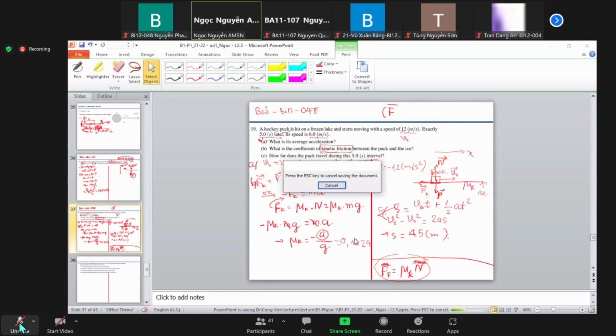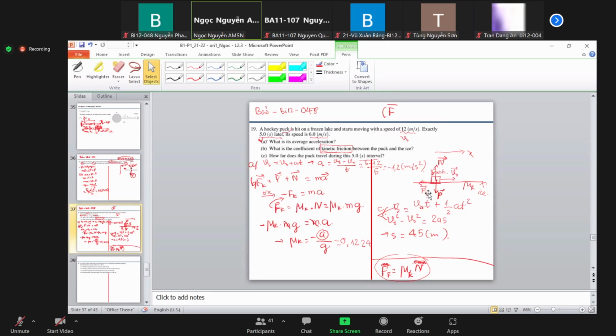So in this problem, remember that the direction of the friction is opposite to the direction of the motion. If V0 is directed to the right, the friction should be to the left, because it resists the motion. It's the first point you need to know.